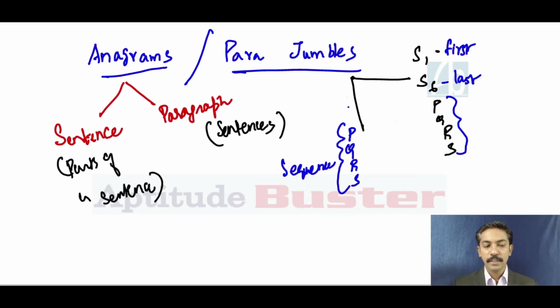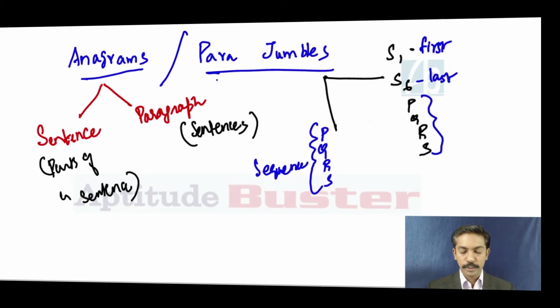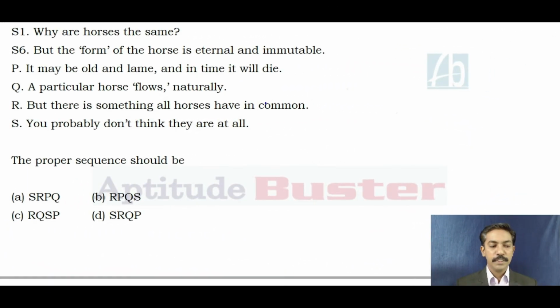First, let's have a look at this question and then I'd like to introduce you to the strategy. Look at this question. This is a parajumble. We have the first sentence and the last sentence in their appropriate position. In-between sentences are in jumbled format. If you are on this question, step 1 is to read S1 and S6.